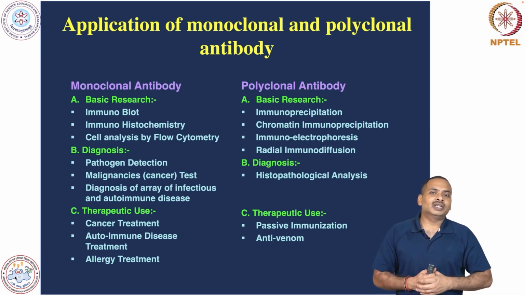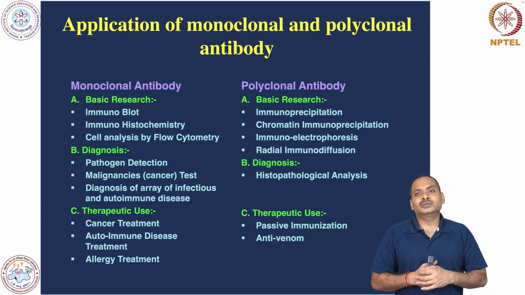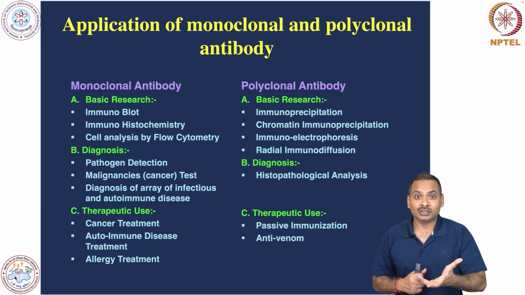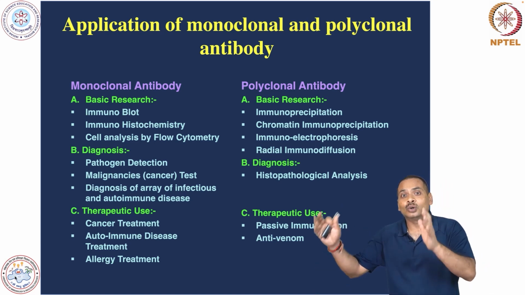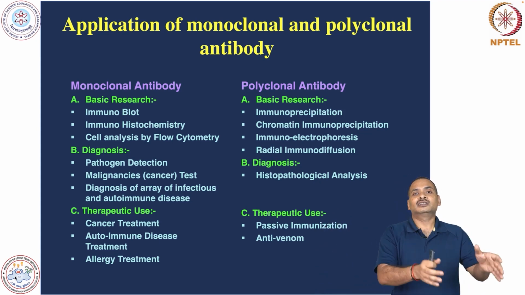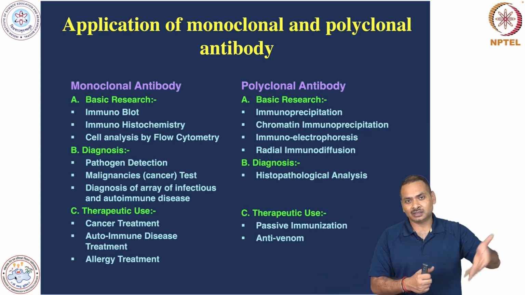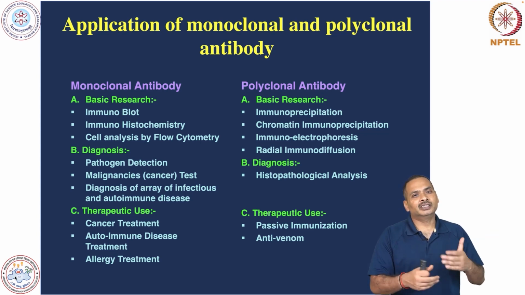But I know that some companies made a mouse which can make human antibody. They cloned a whole chunk of DNA into the mouse and replaced the antibody-encoding gene segments.